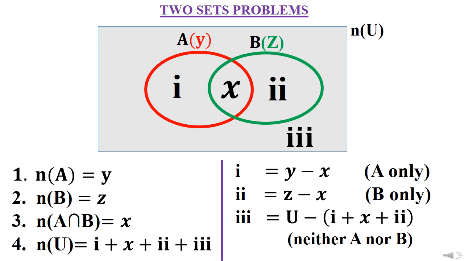Since there is no only attached to the number of biology students, we will put this 20 in place of the Z, because there is no only attached to this statement.